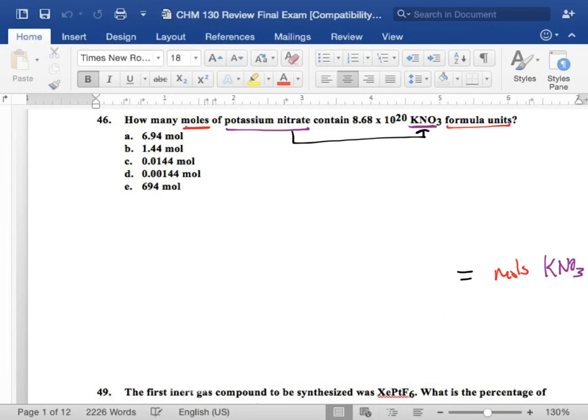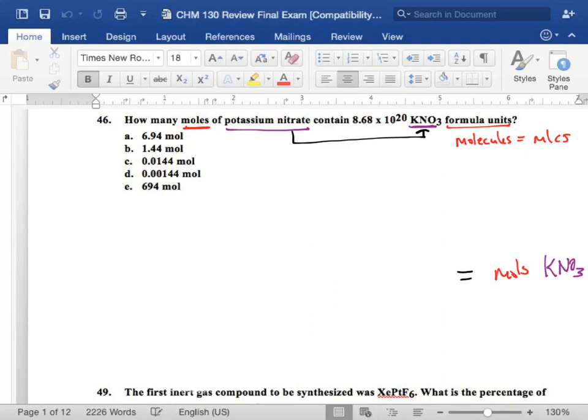Formula units. We talked about formula units. Yeah, I don't like using the term formula units. Instead, I use molecules, or as my notation, MLCS.